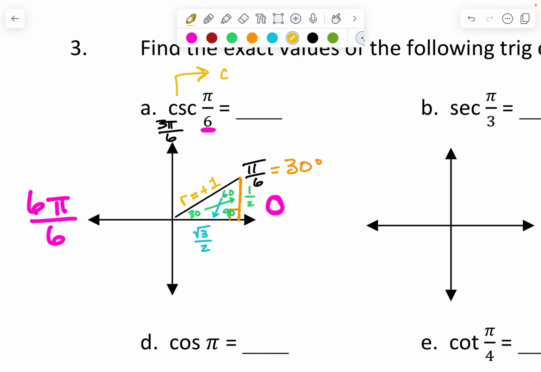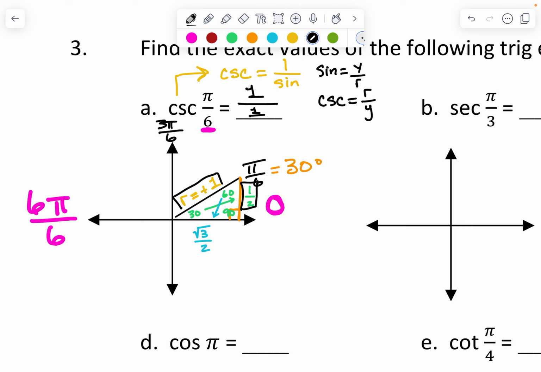Remember, cosecant is the reciprocal, not the inverse, of sine. Which means if I know sine equals y over r, then cosecant is just the reciprocal of that, r over y. So I need to find my r, which is 1, and my y, which is 1/2.